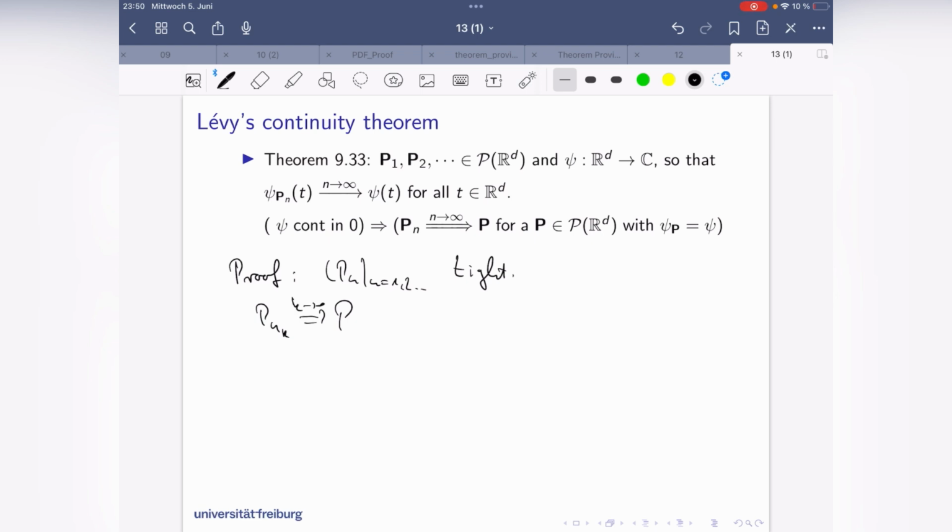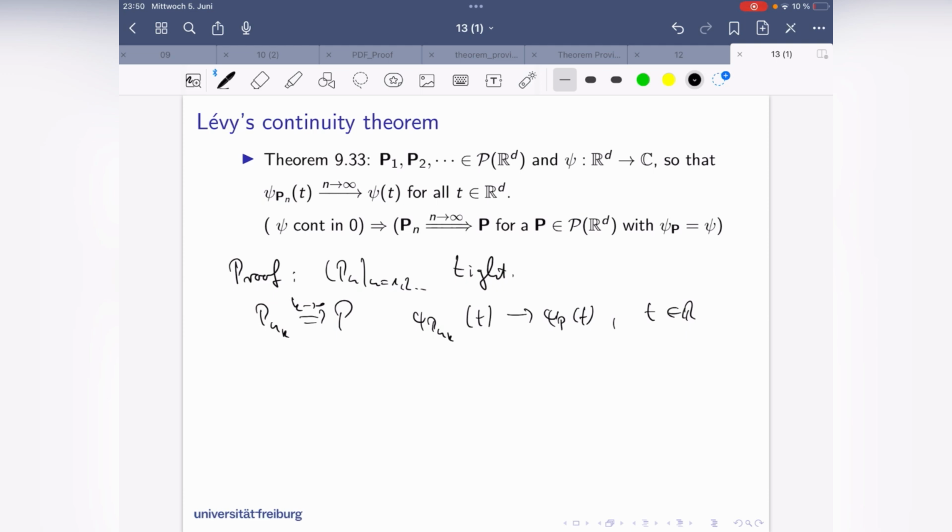And now I have this. And since the characteristic function is based on bounded continuous functions, I have that psi of p_nk of t converges to psi of p of t for all t in R on the one hand side.